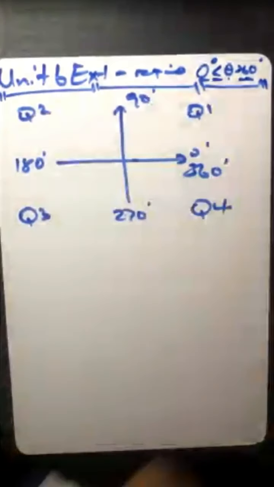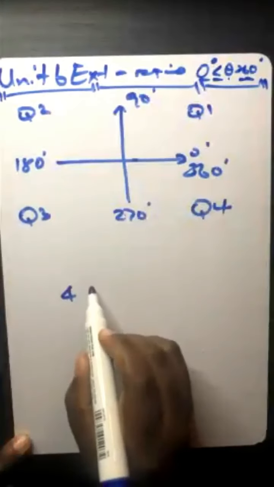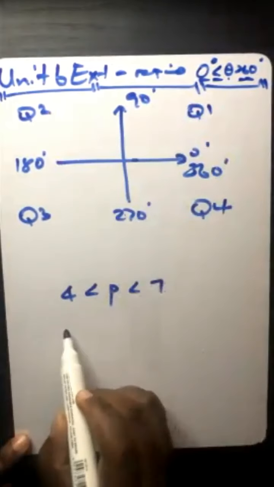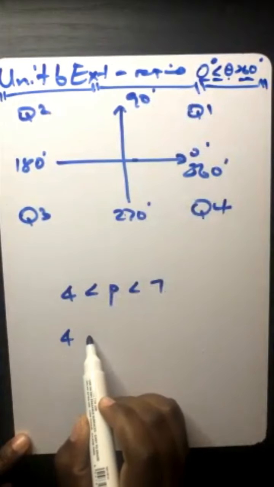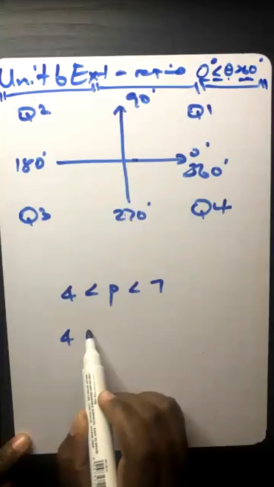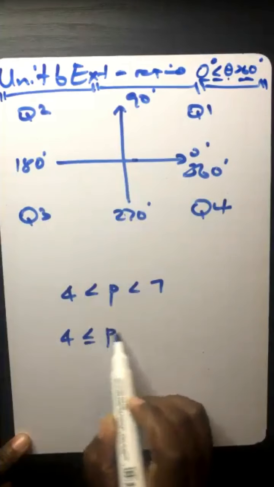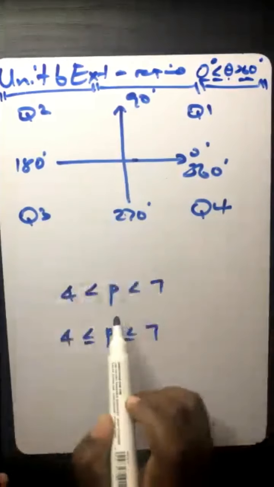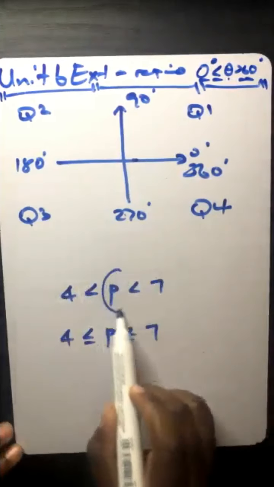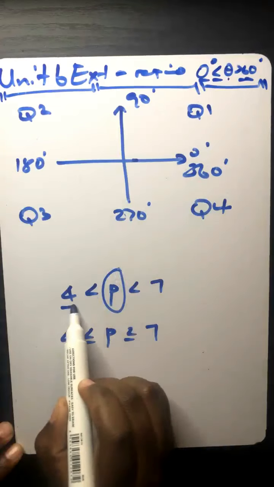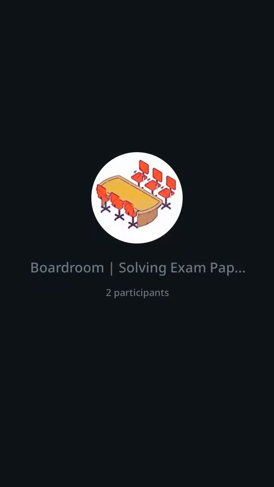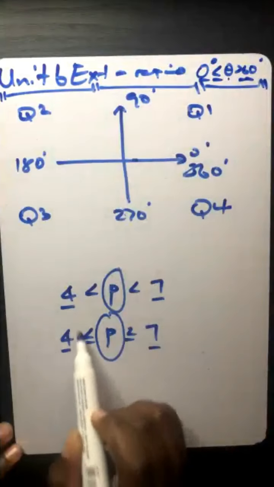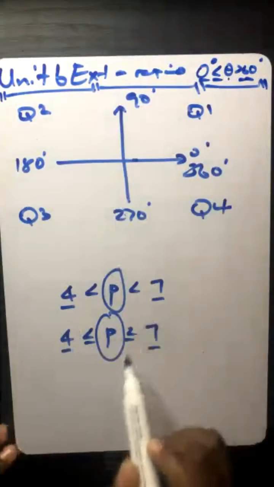So when something is written, for example, as 4 less than P, and P is less than 7, what I wanted to say, LB, is that this actually says P is between 4 and 7, starting from 4 up to 7.